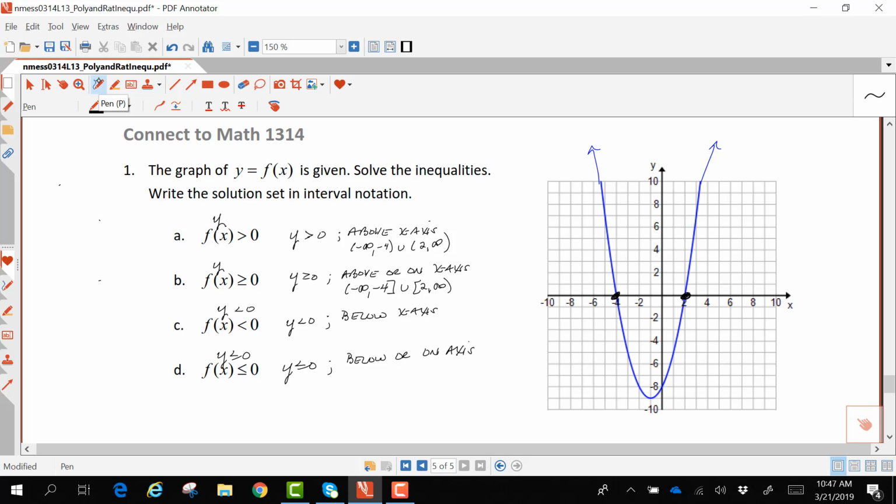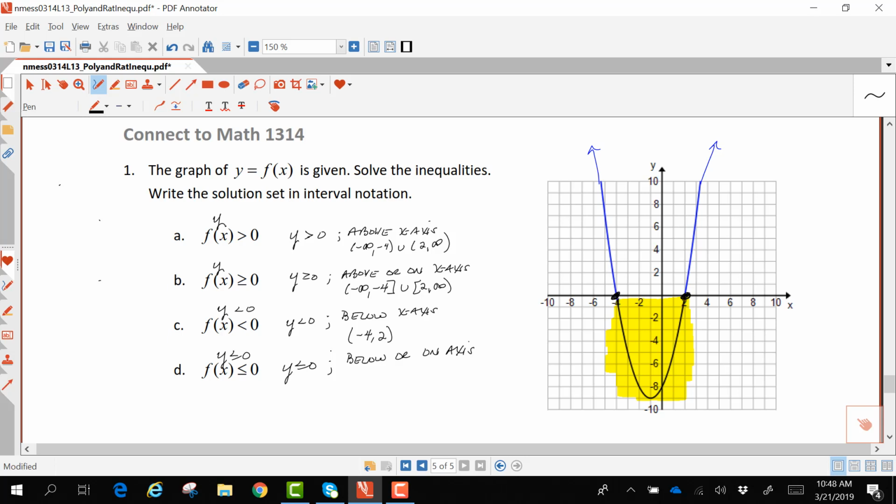Well, the y-coordinate of the point will always be negative if you are below the x-axis. Therefore, as I highlight this region, it occurs between -4 and 2 that my graph is under the x-axis. The interval notation to represent this region would be from -4 to +2.